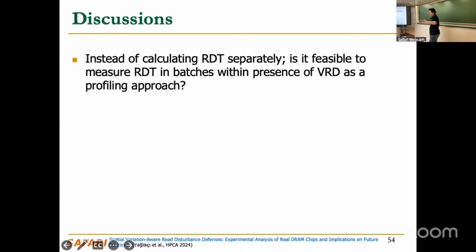Like, instead of calculating the threshold value for each row separately, can we calculate in batches, meaning that according to some neighbor distance metric, we select some number of rows, maybe 10, that we want to have in a batch, and then we measure the threshold of just a single one and assign similar values to them, or maybe assign similar variance metrics to them, even though maybe not the threshold values, but they will exhibit similar variation characteristics, so we can just assign similar characteristics to them.